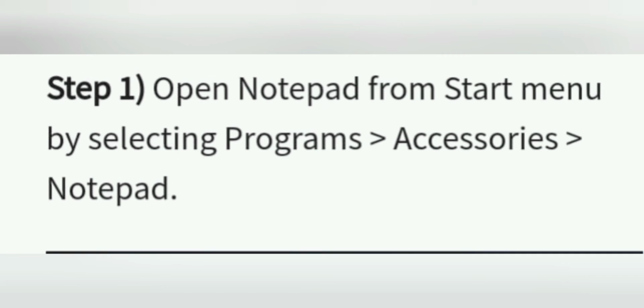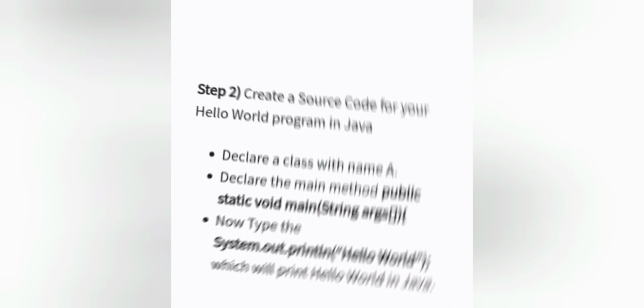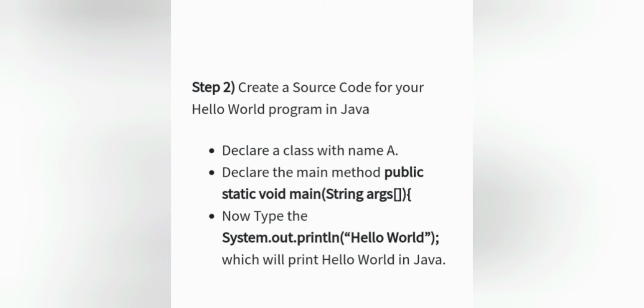Step number 1. Open Notepad from the Start menu by selecting Programs, Accessories, Notepad. Step number 2. Create a source code for your Hello World program. Declare a class with the name A. Declare the main method, public static void main String args.